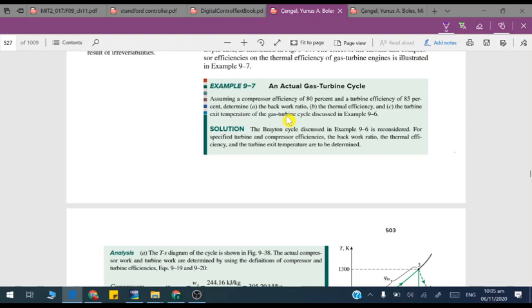The procedure for finding the back work ratio I have explained in the previous example. The values now will be different, but the procedure is what I have just explained. How to find the thermal efficiency and the exit temperature I have also explained. The main thing that is different from the previous example is that we are considering the compressor efficiency and turbine efficiency.